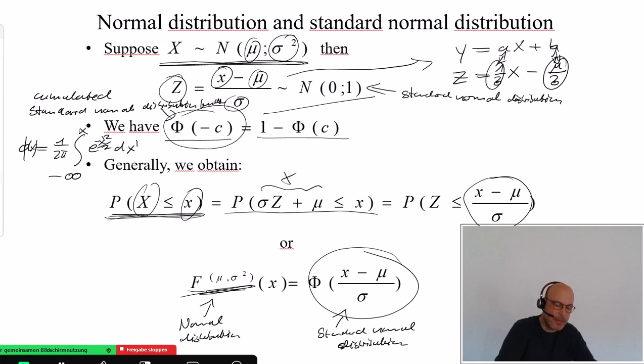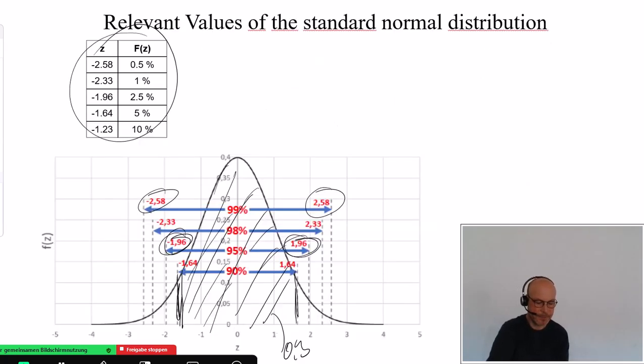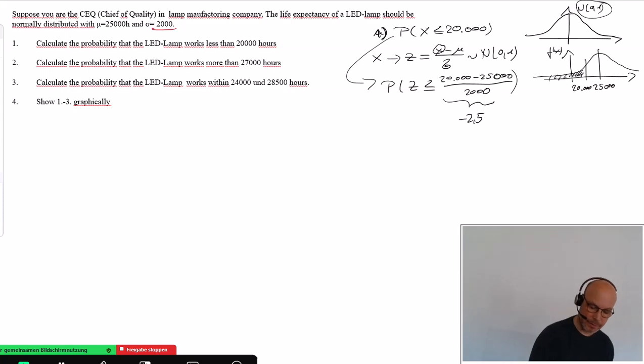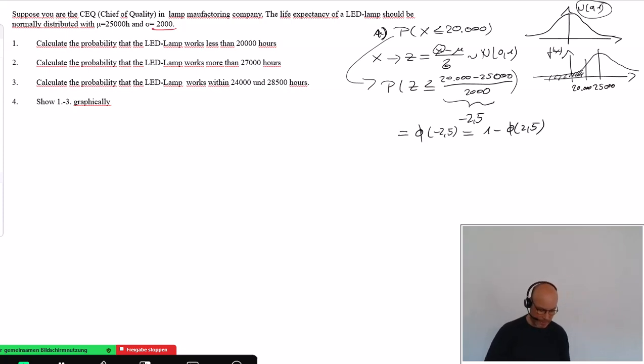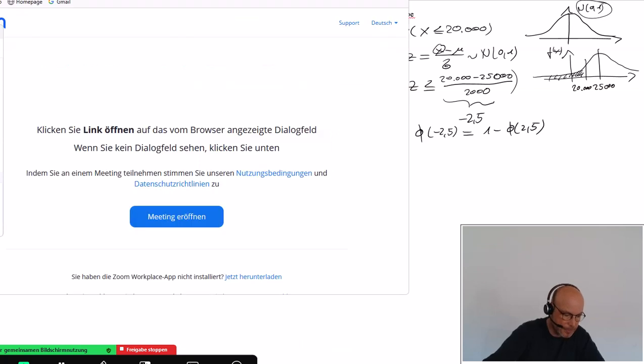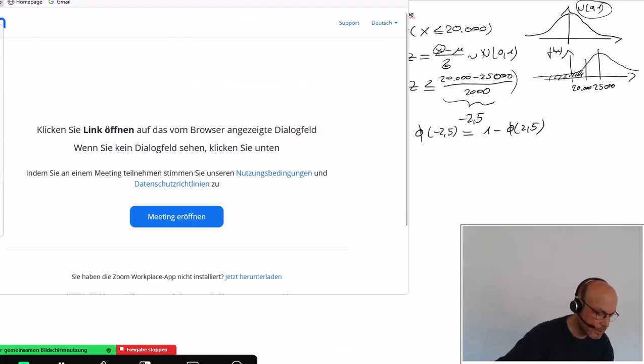And we can use that phi of minus c is 1 minus phi of c. So this is then phi of minus 2.5 equals 1 minus phi of 2.5. And for this, I hope really that you have seen the table for the normal distribution. I have this also here at my webpage.